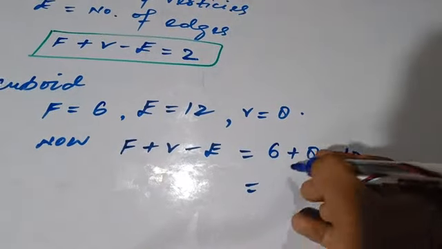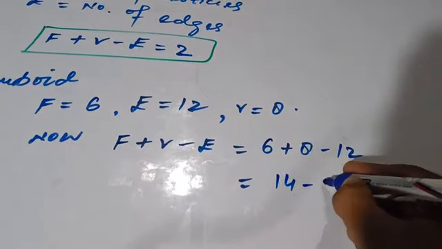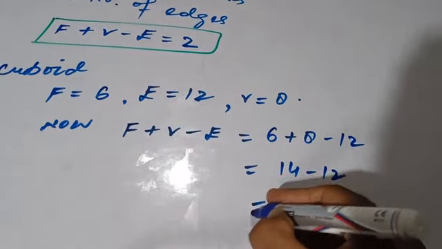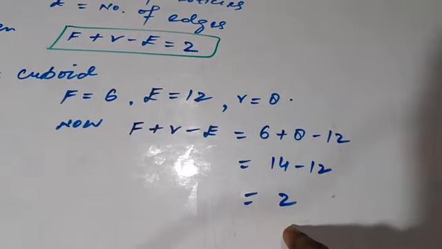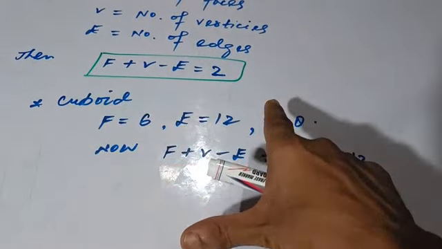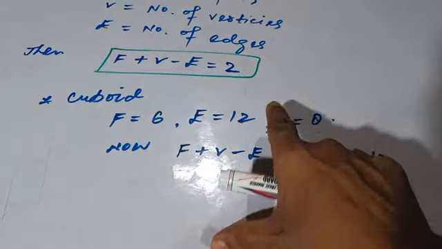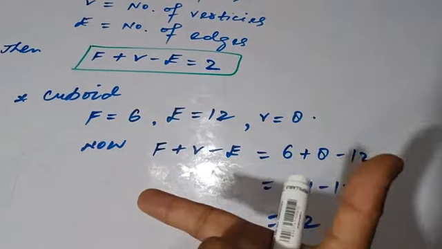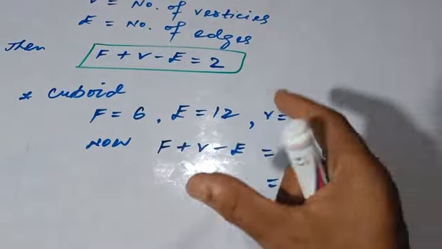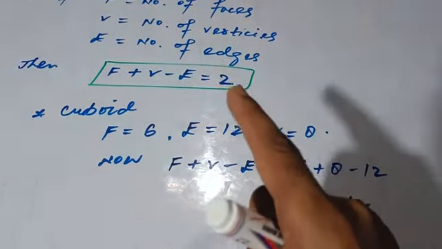So 6 plus 8 is 14, 14 minus 12 is 2. So that means your F plus V minus E was equal to 2. That's how this formula was satisfied in the case of the cuboid.